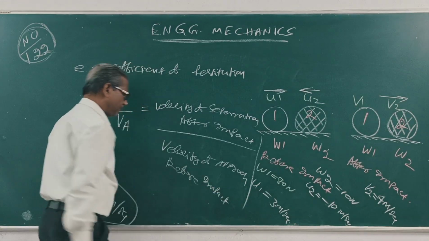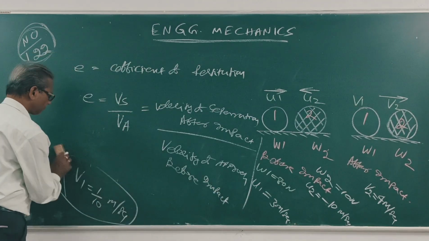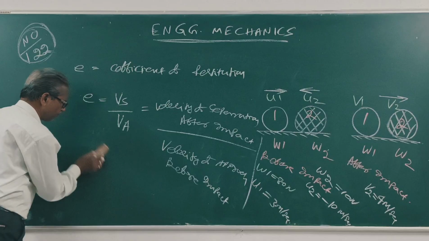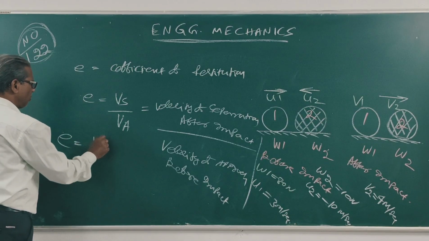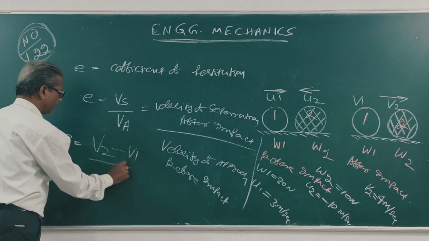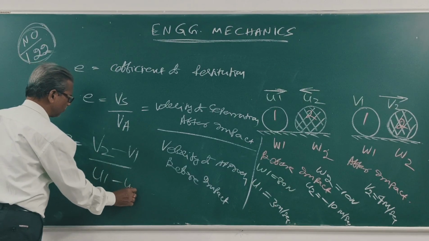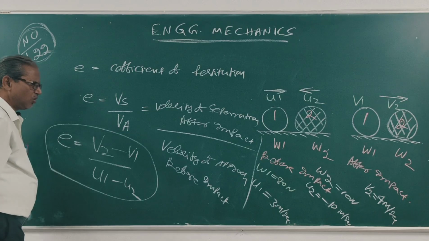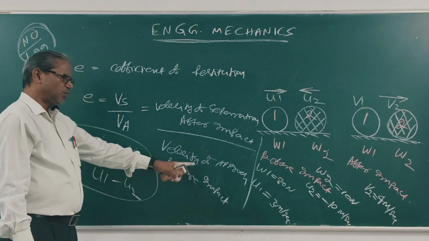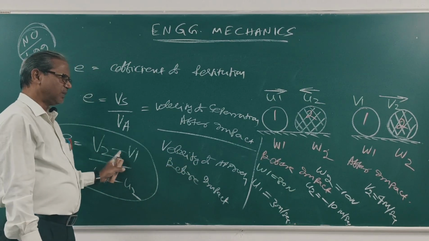Clear? That is, E is equal to V2 minus V1 by U1 minus U2. Right? You put all the values U1, U2, double 1 and double 2 and find the answer.